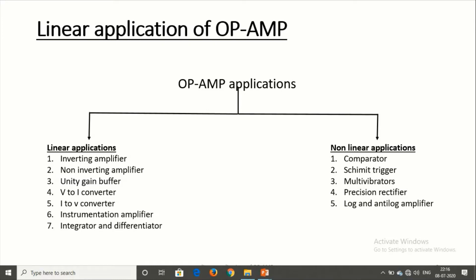Non-linear application includes comparator, Schmitt trigger, multivibrators, precision rectifier, log and anti-log amplifier. In the linear applications, the nature of the output signal is same as that of the input signal and the output is proportional to the input, so it is called a linear application.